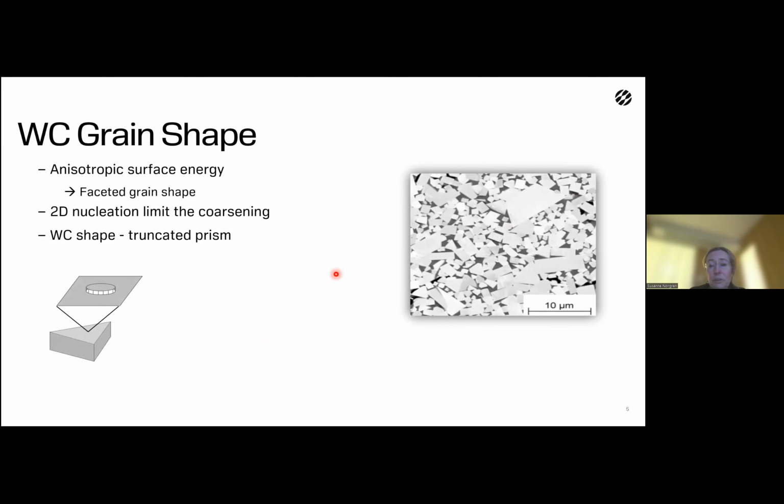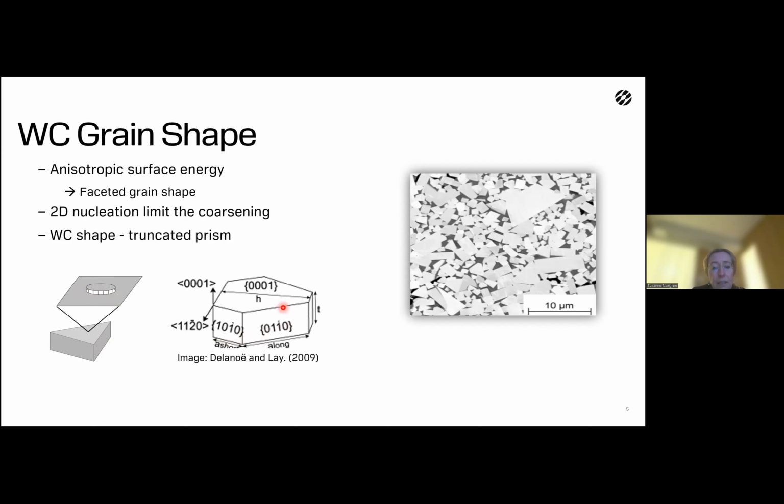As you saw, the grains are faceted, which means that the growth of the grains is limited by the 2D nucleation and coarsening of the grains. The shape is called a truncated prism, as you can see here down to the left. And the growth is limited by the nucleation of a new layer on each plane and the growth of that layer when it's nucleated.